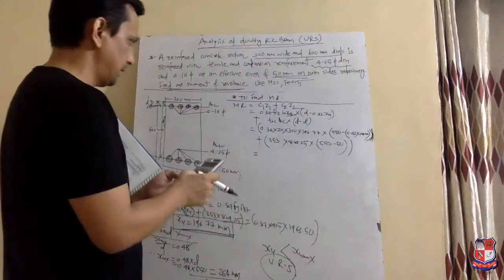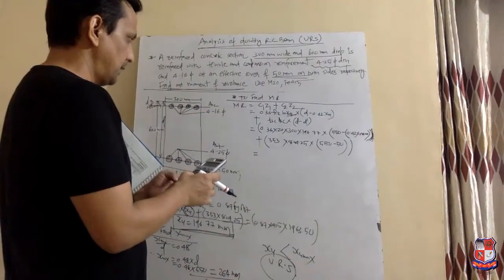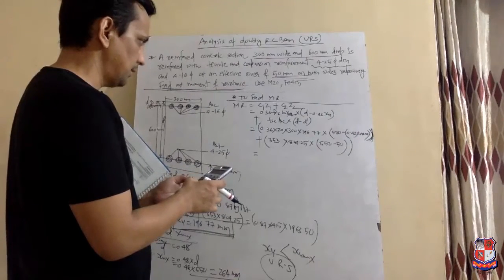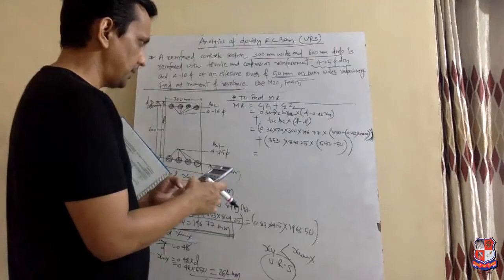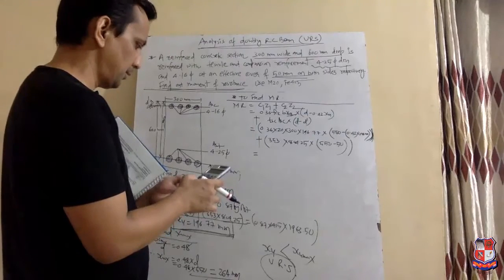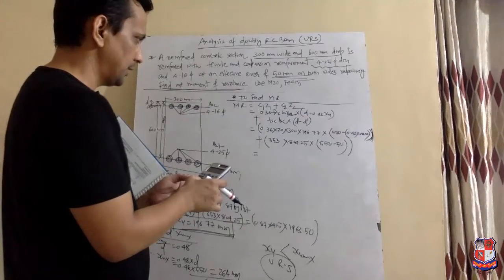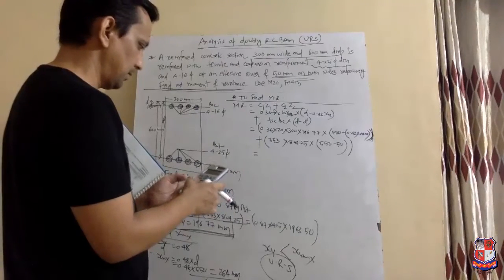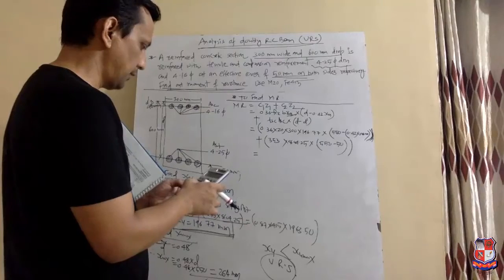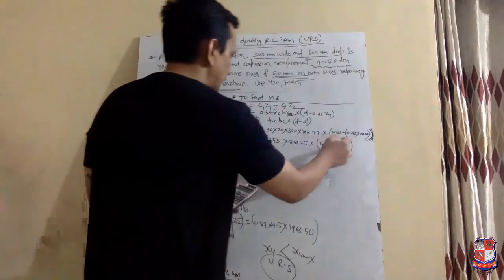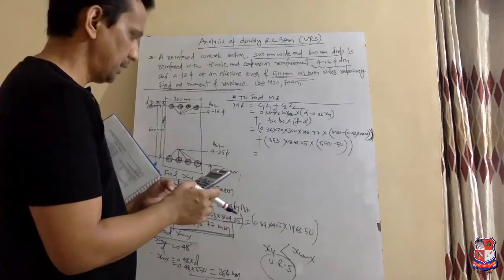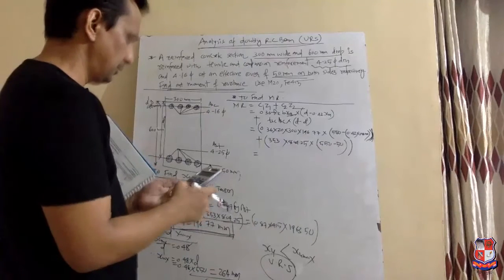So let's calculate: 0.36 into 20 into 300 into 196.77 into bracket 550 minus 0.42 into 196.77, close brackets, plus bracket 353 into 804.25 into, you can directly write 550 minus 50, it comes 500, bracket over.